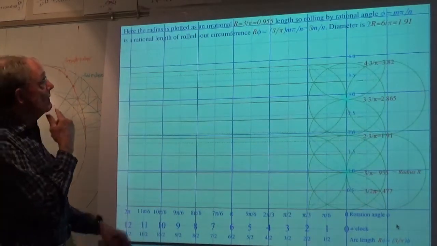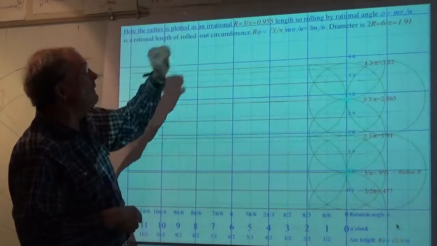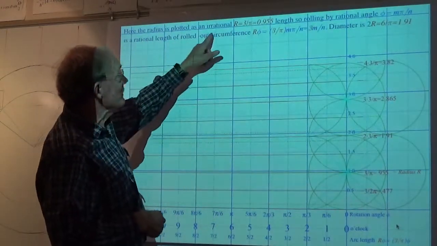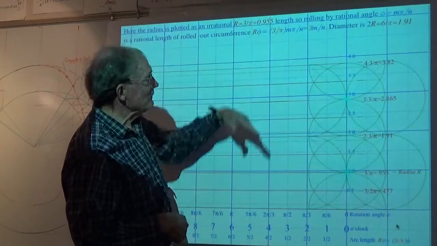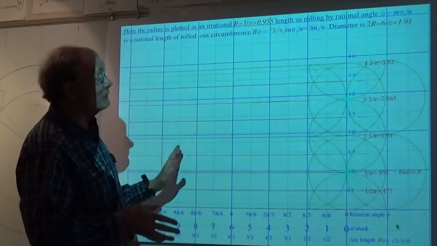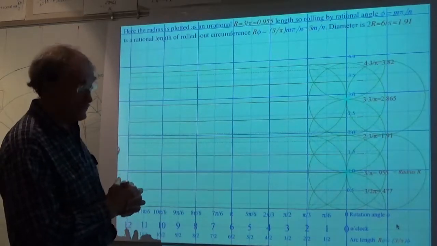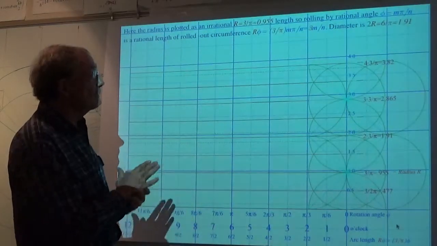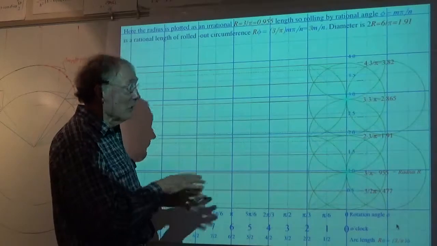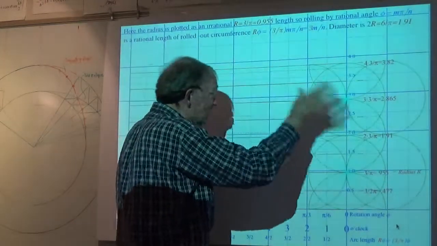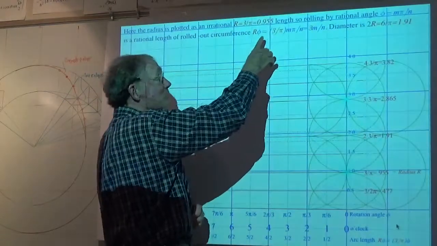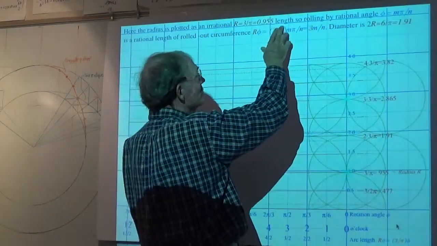And what you do, as it says here, is the radius is plotted as an irrational number that is just plotted on the graph. We're not claiming to be able to square the circle and have a geometrical way to plot pi, although there are such things that are approximate. We're just going to plot it. This is an engineering sort of ruler and compass construction.